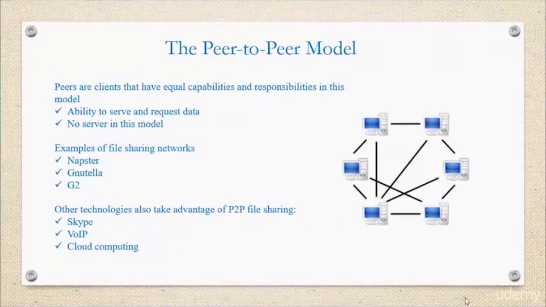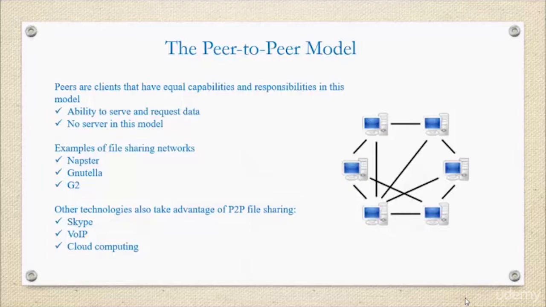Let's discuss the peer-to-peer model. A peer-to-peer model is different from the client-server model because it doesn't have a server. Peers are just client computers, and they all have equal capabilities and responsibilities. Each has the ability to send and receive data. We have Skype and voice over IP, and we also have cloud computing, which use peer-to-peer models.